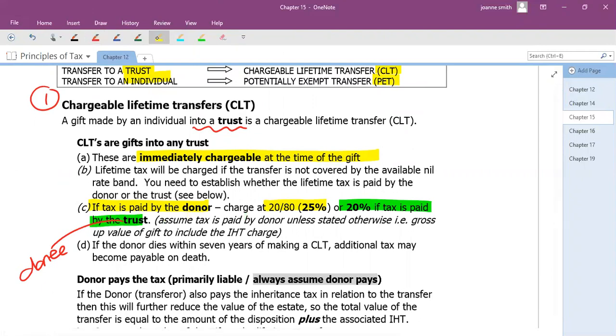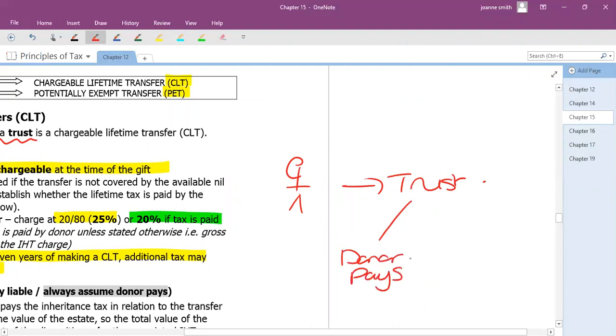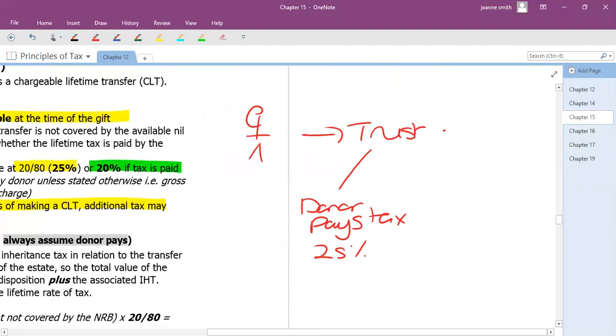But please don't forget, if it does fall within the 7 years prior to death, it's going to get taxed twice. So what we've got here is an individual putting some money into the trust. If the donor pays the tax, then it's 25%. If the donee pays the tax, then it's 20%.